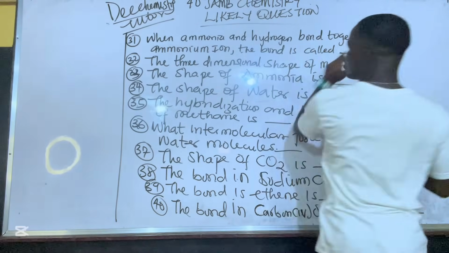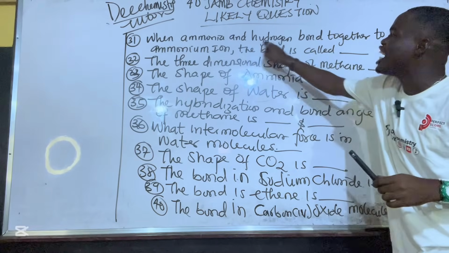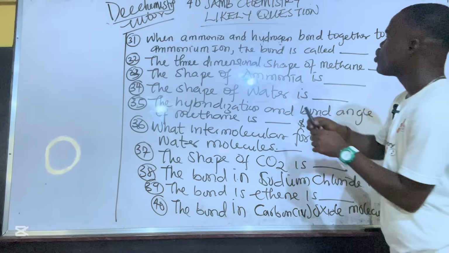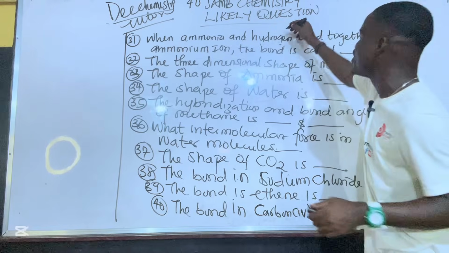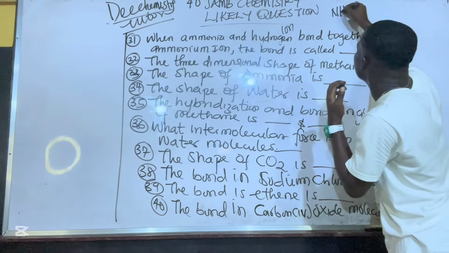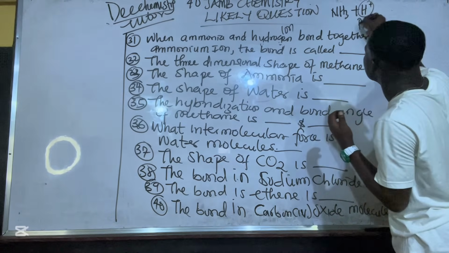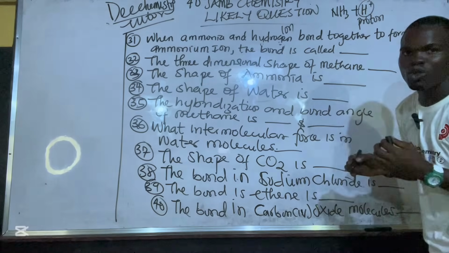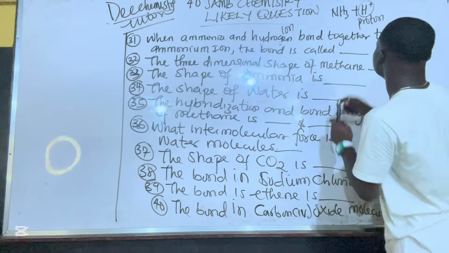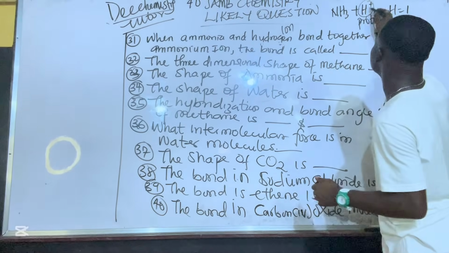Ammonia and hydrogen bond together to form dash. Now, they should have said ammonia and hydrogen ion, because it's not hydrogen that is bonding with ammonia, it's the ion. When ammonia bonds with H+, don't forget that this H+ is called a proton. Why do we call it a proton? Hydrogen has an atomic number of 1, so when hydrogen loses an electron, it becomes H+.